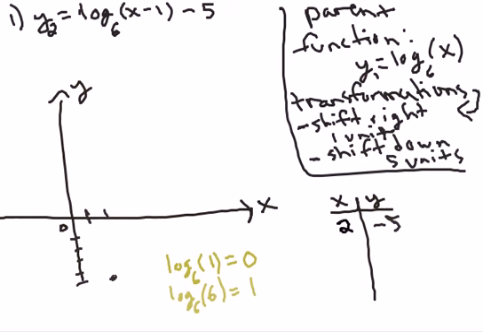So if I evaluate this at 7, I get 1 here, and then 1 minus 5 is negative 4. So I have a point at 7, negative 4. Okay, so I can go ahead and graph that. So 2, 3, 4, 5, 6, 7, 2, 3, 4. So that's about right there.